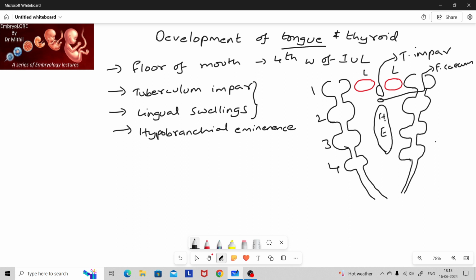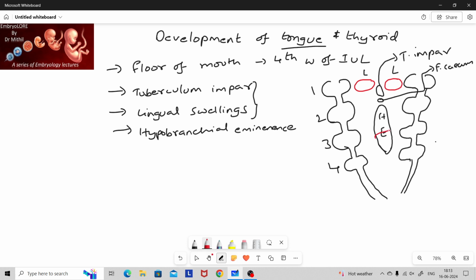After this, the hypobranchial eminence subdivides into the large cranial part and the small caudal part. Now we will see the large cranial part and the small caudal part.